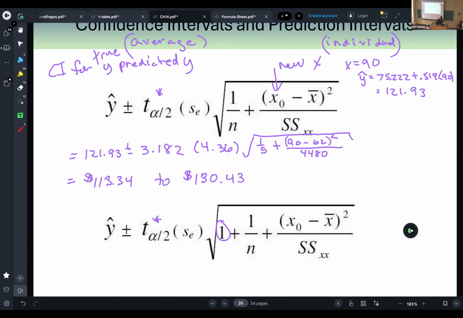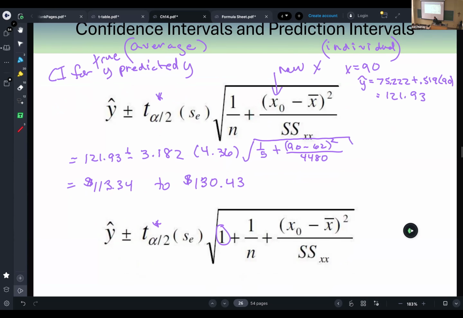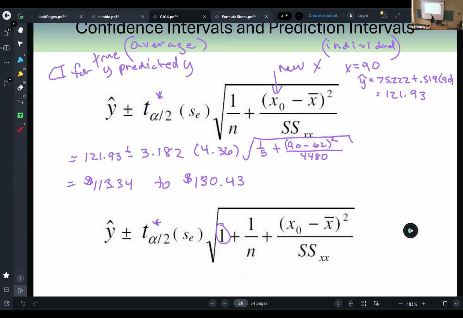But you can also quantify it. Do you really think the customer is going to spend exactly $121.93? No, but you can estimate that the customer will spend between $113.34 and roughly $130.43. So that makes roughly between $113 and $130, instead of saying absolutely they will spend 121, because that's pretty precise, right? So we know there's some uncertainty to that, but we can quantify roughly a range.